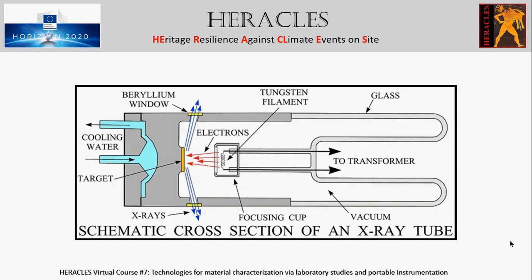And we have the continuous radiation X-rays due to the deceleration of the electrons when they reach the target. In any case, these X-rays produced by the X-ray tube are called the primary X-rays because it is the first time they are produced. We can then use the X-rays produced by this X-ray tube to study and analyze materials.